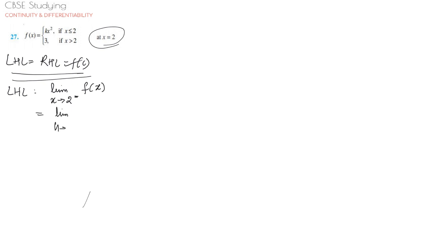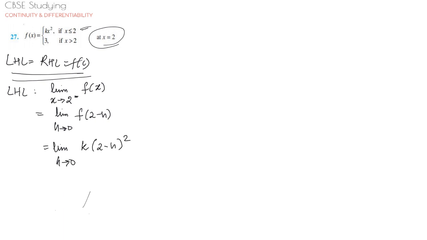Limit h tends to 0 f of 2 minus h. What function will I take when x is lesser than 2? Kx square. So k into 2 minus h the whole square.